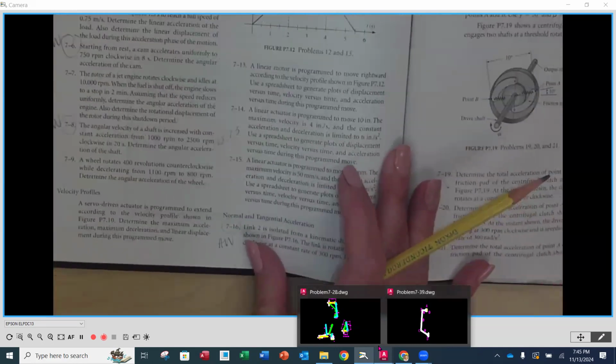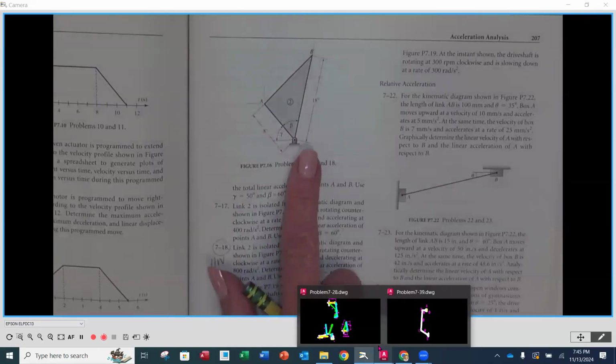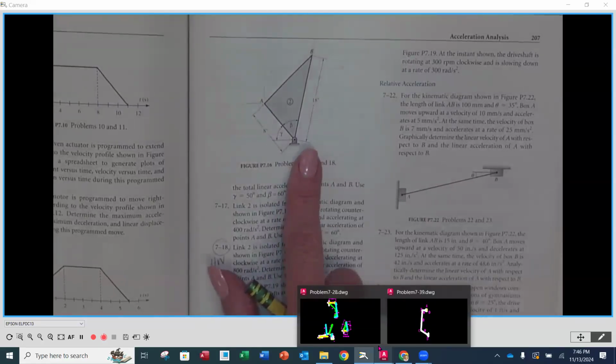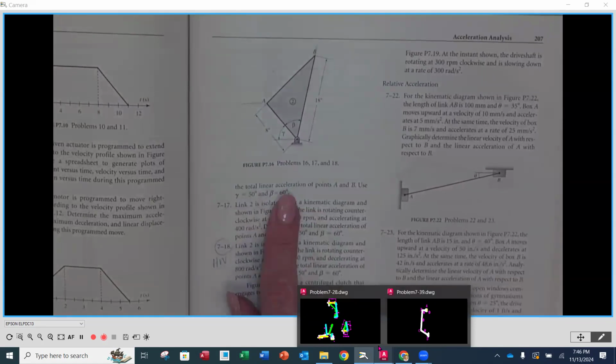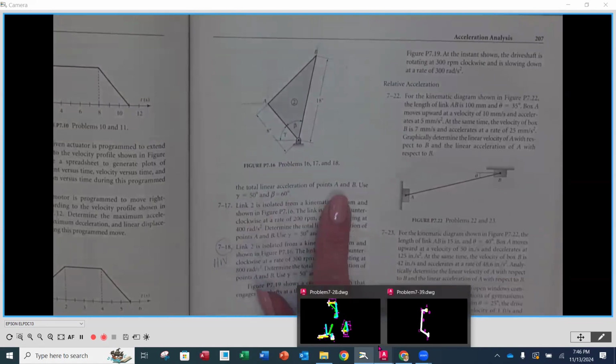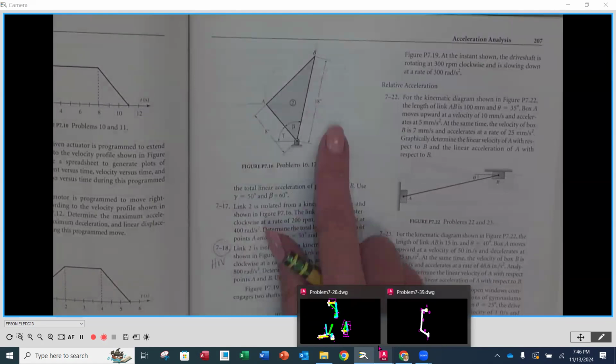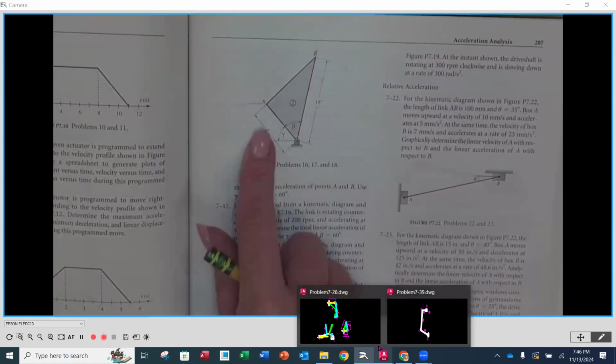Then the next homework problem you have is 7.16. The link that they're referring to here is up at the top of the column on the next page, okay? They want you to determine the total linear acceleration of points A and B when this is rotating at a constant clockwise rate of 300 RPMs.